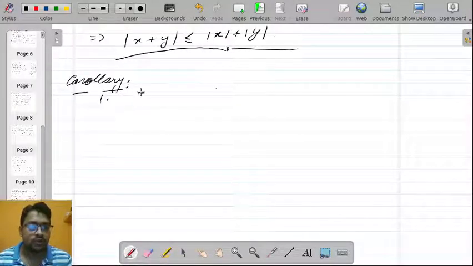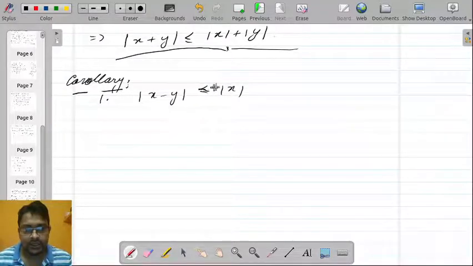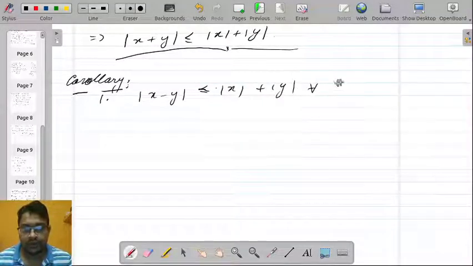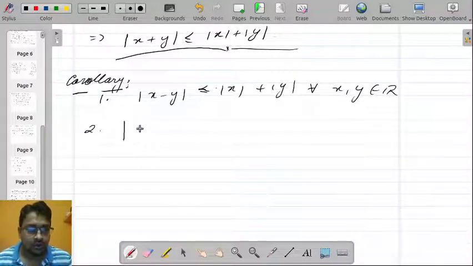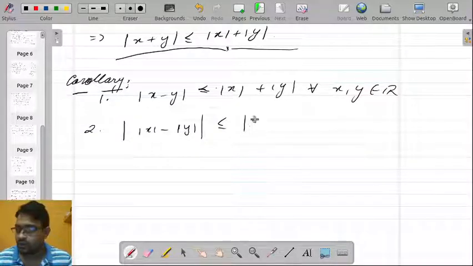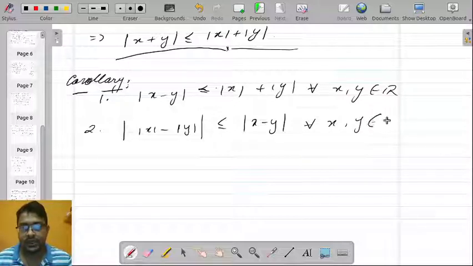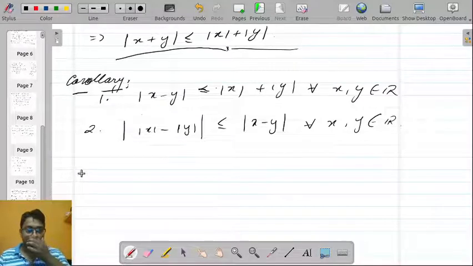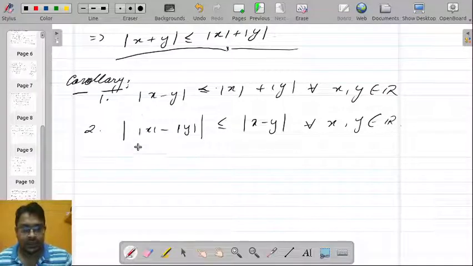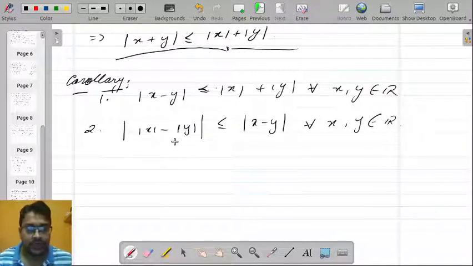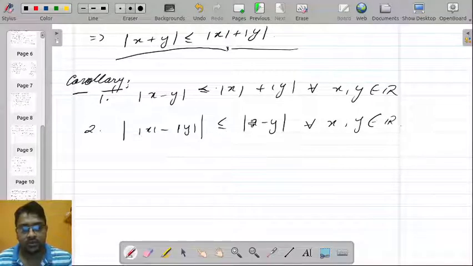So number 1, mod of x minus y, this is also less than or equal to mod x plus mod y, for all x, y inside R, right? Number 2 is mod of mod x minus mod y, this is less than or equal to mod of x minus y, for all x, y inside R. Or this can be written as mod x minus mod y is less than or equal to mod of x minus y.